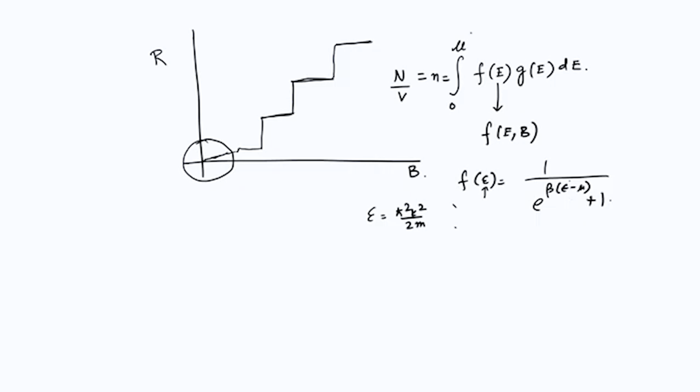This mu is the chemical potential, and this is the density of states. Every physical quantity that you would like to determine depends on the density of states, that is, how many states there are. That tells you what the properties will be and how they are different in different dimensions.